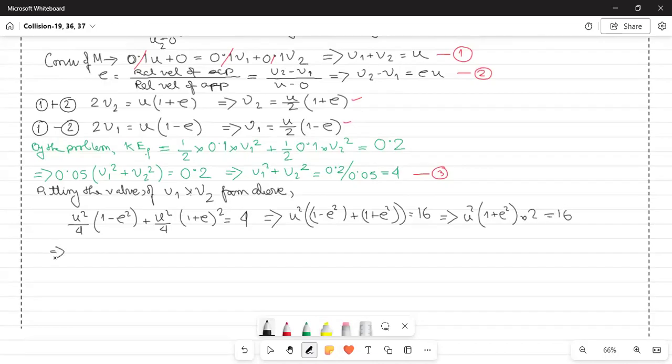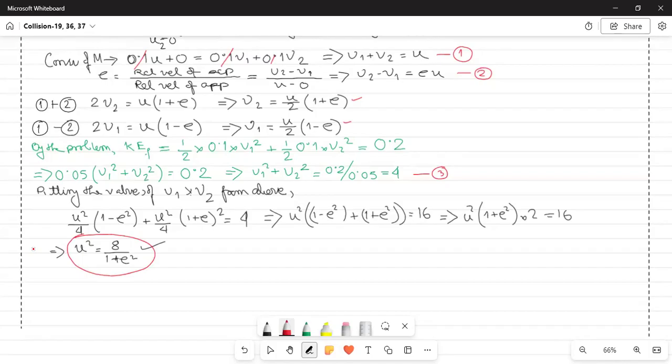So from there we get u square, and of the 16 we are left with 8, divided by 1 plus e square. This is the value of u square. And u will be under root of this. Now the question is to find out the minimum and maximum values of u.